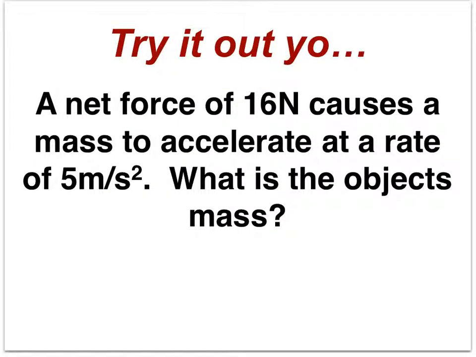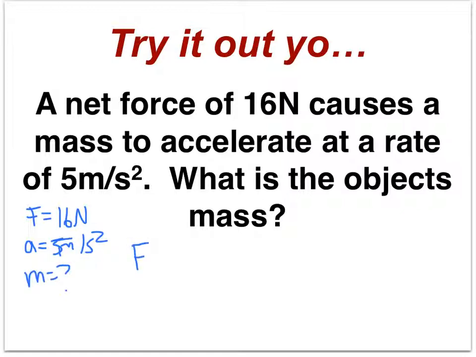Another way of looking at this same type of problem, a net force of 16 newtons causes a mass to accelerate at a rate of 5 meters per second squared. What's the object's mass? Let's write out our variables. Force, 16 newtons, acceleration rate, 5 meters per second squared. I want to know the mass.